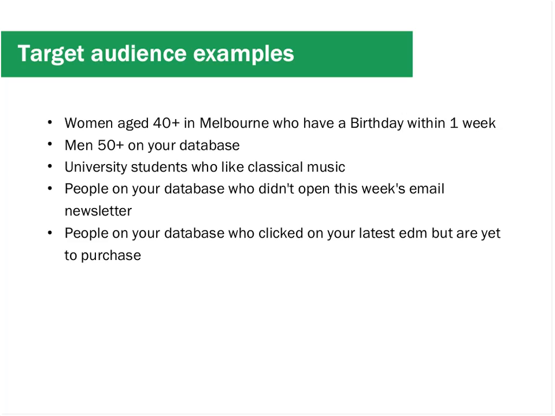You could target more broadly university students who like classical music. You could target people on your database who didn't open this week's email newsletter. We've definitely done that before if we had an important message, like a pre-sale promotion, in that newsletter.